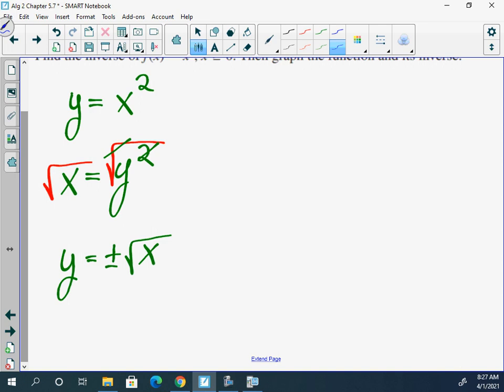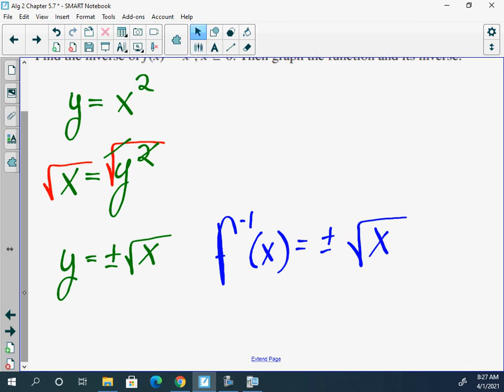Because when we square root both sides, we include the plus or minus. And then last but not least, we rewrite y as f inverse of x is equal to plus or minus the square root of x.